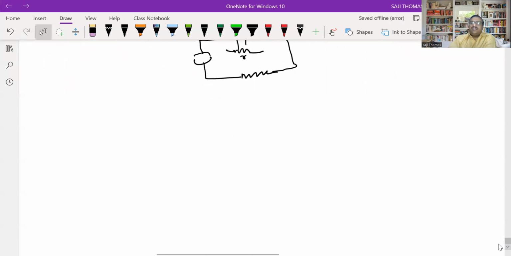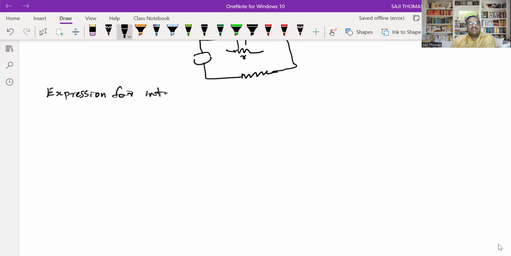Now we can obtain the equation for internal resistance. Expression for internal resistance. So I am drawing a circuit.